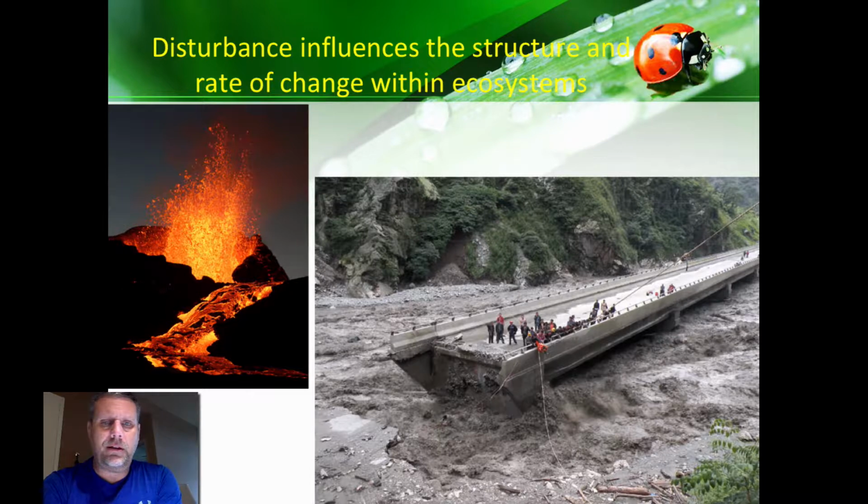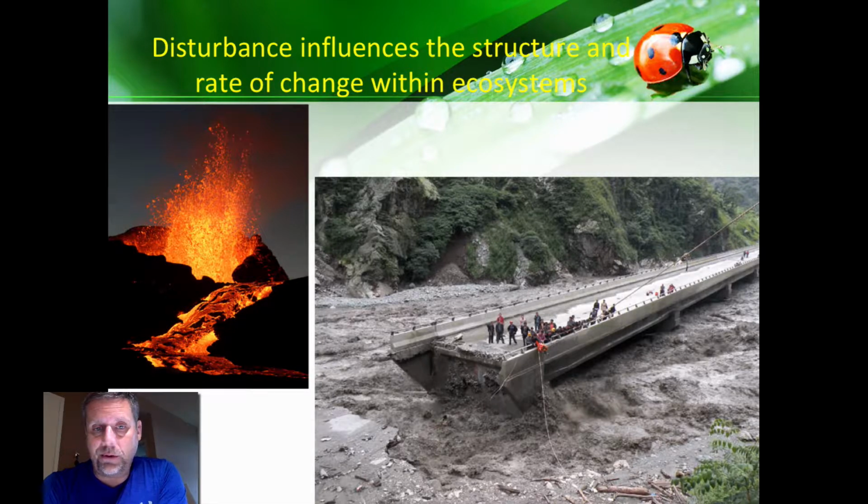But you can see here we have natural disturbances. So obviously we're not setting off volcanoes, or are we? Anyhow, volcanoes erupt, we have flooding, and these things will disturb the natural organisms in the area.